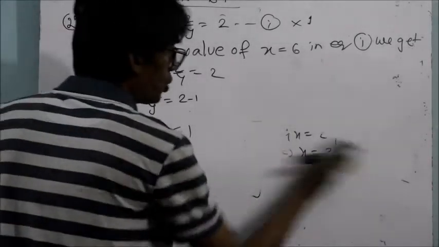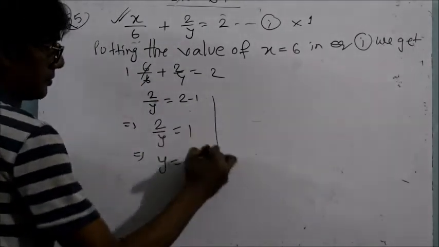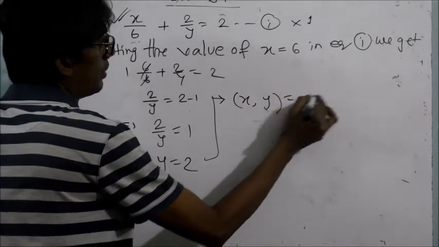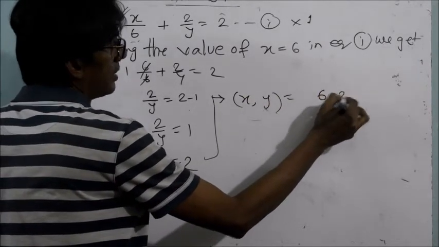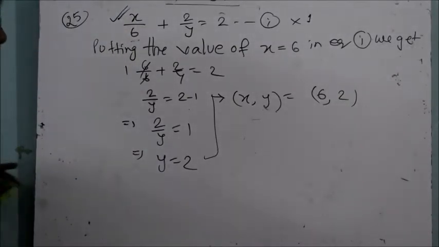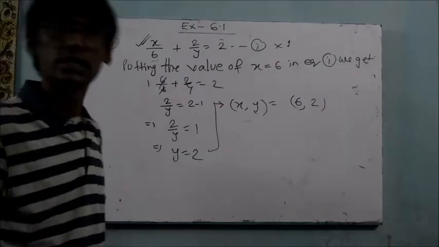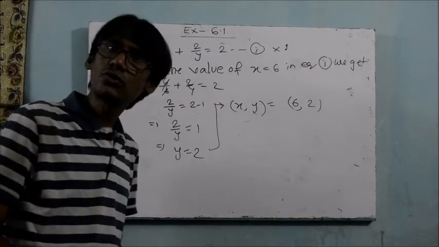So the required solution x, y equals 6 and 2. Now if we apply 6 and 2, the result will be justified. So math number 25 is also solved.